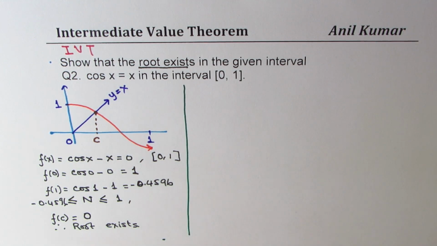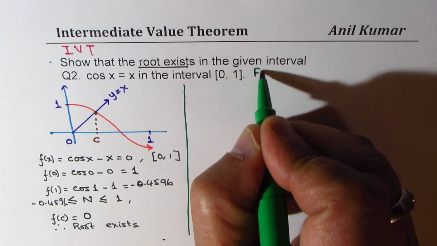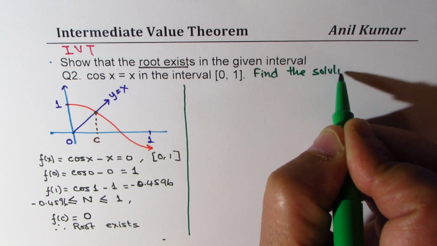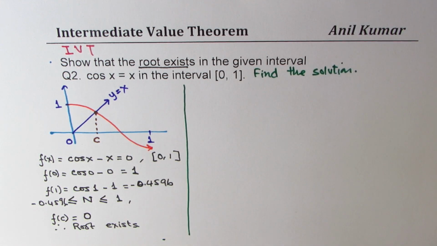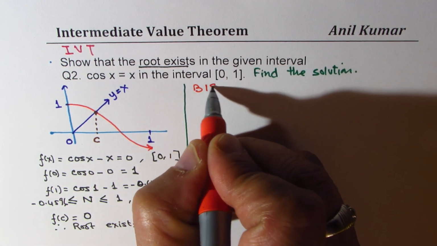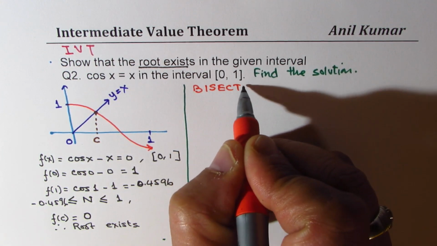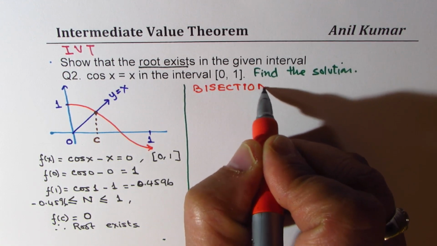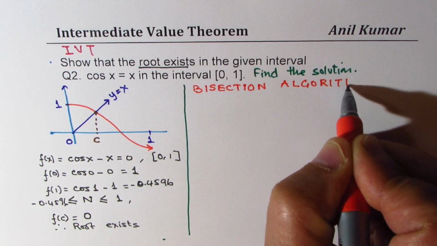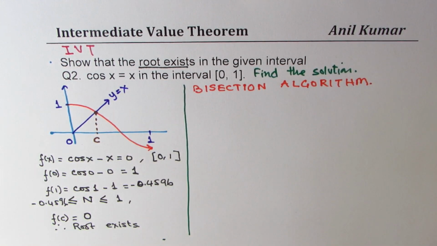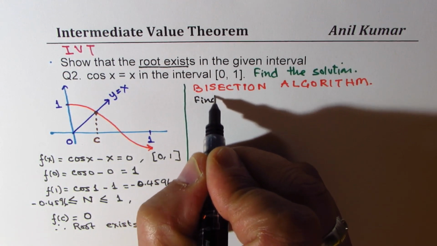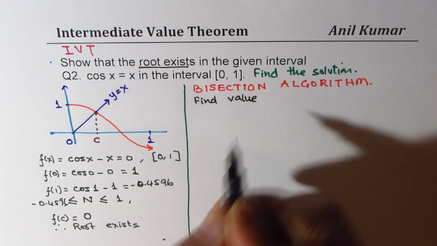Now we'll extend to find the solution. We use a bisection algorithm to find the solution in such cases. Now we'll talk about this. As the name suggests, bisection means find the mid value, right?